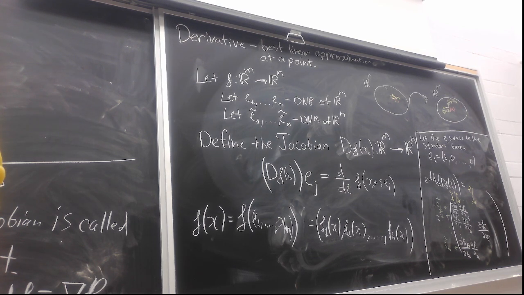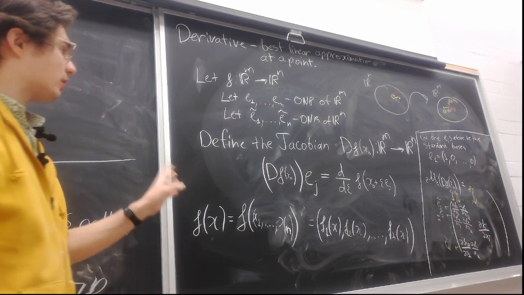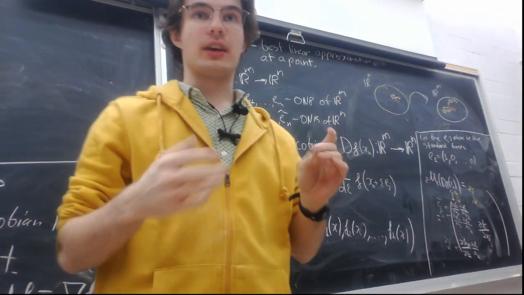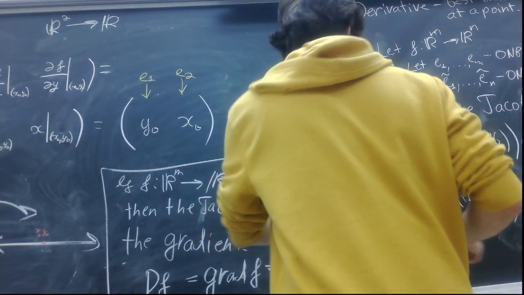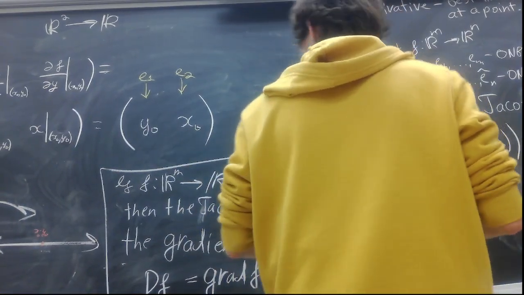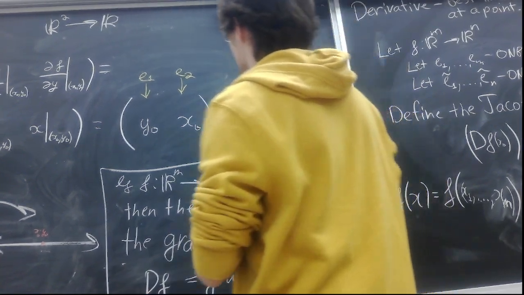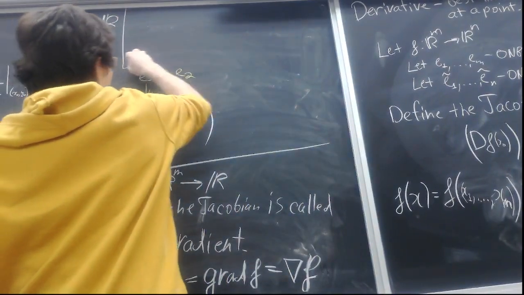Okay. So we'll now denote this Jacobian as df. Let's write down one more thing about df to understand what it really does as a linear approximation.